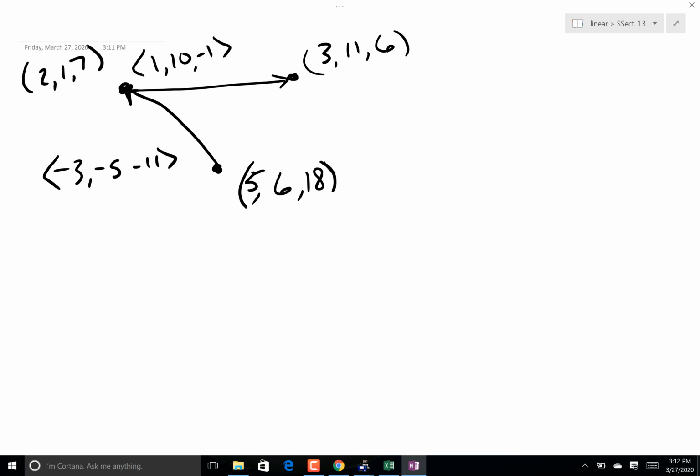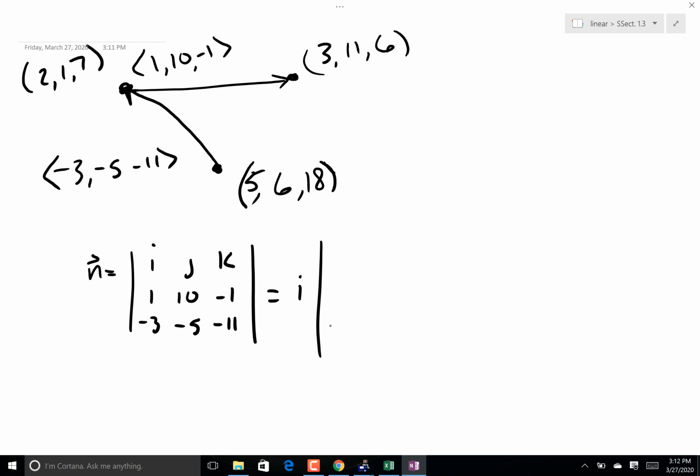Okay? All right, so number one, I want my normal vector. To find my normal vector, that is going to equal the cross product of these two vectors, which of course is i times 10, -1, -5, -11, minus, always minus j, 1, -1, -3, -11.